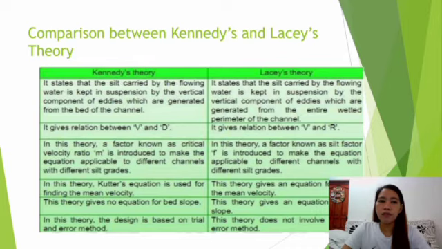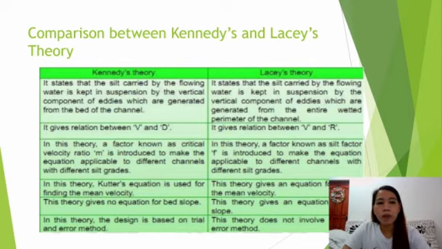In Kennedy's theory, a factor known as critical velocity ratio M is introduced to make the equation applicable to different channels with different silt grades. For Lacey's theory, a factor known as silt factor F is introduced to make the equation applicable to different channels with different silt grades.